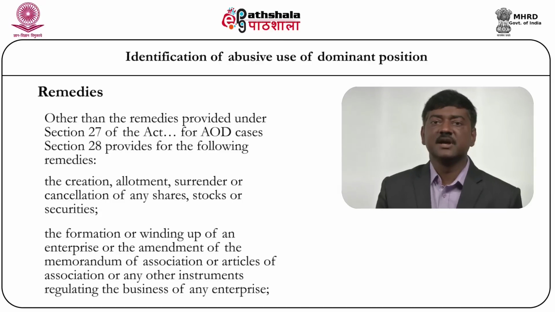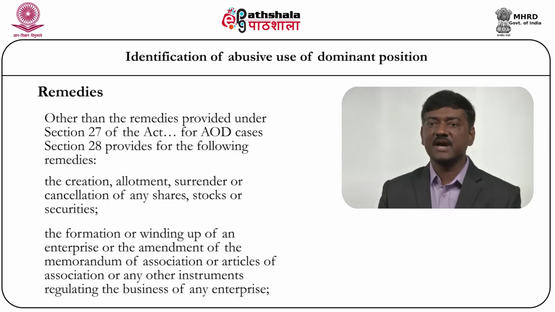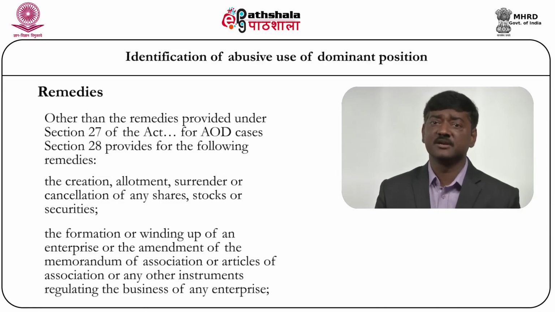So, basically we are talking about change in the structure itself, because behavior cannot be regulated. Here in remedies we should understand that there are 2 kinds of remedies. One is structural remedies and the other one is behavioral remedies. Structural remedies talk about the change of the structure of the enterprise. So, if there is a dominant enterprise, we try to break it, make it 2, then it is no more dominant, because then they will be operating independently.